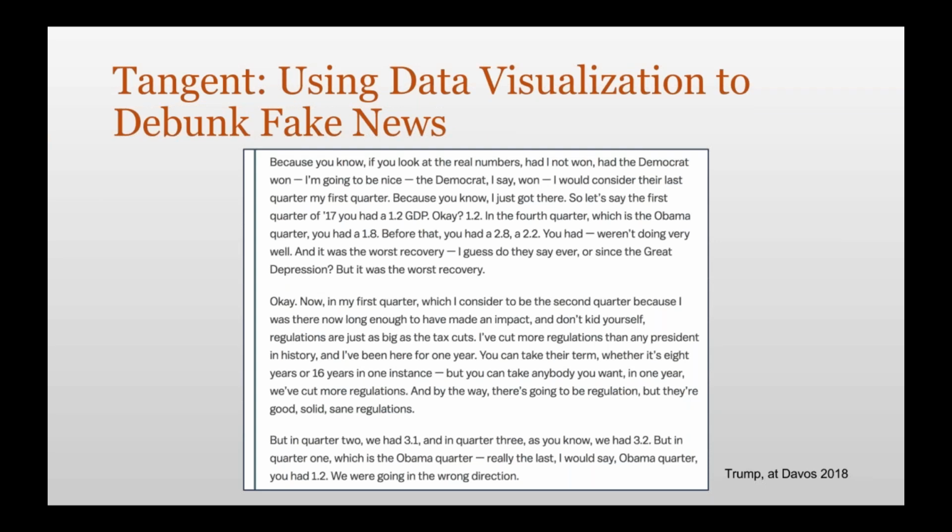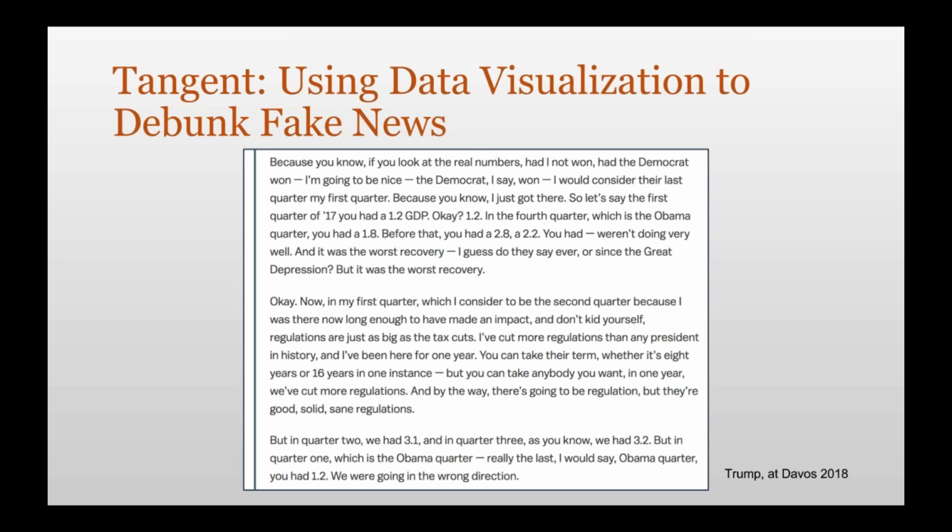Maybe just skim for a couple of the data points that he's mentioning. He's basically talking about GDP and comparing himself to Obama. Some of the key things he's mentioning: when Obama was president, GDP growth was heading in the wrong direction, and GDP growth is high now that he's in office.